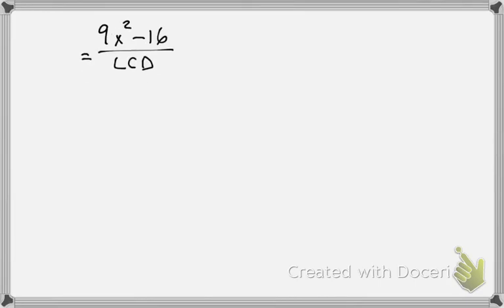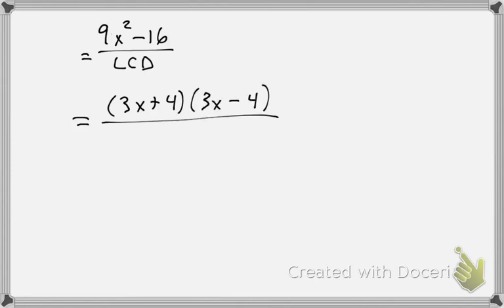Now, it just so happens, we can factor that. That is a difference of squares. 3x plus 4, 3x minus 4. And my LCD was 3x plus 4, x minus 2, x minus 1. So here's my fully factored out answer, right?